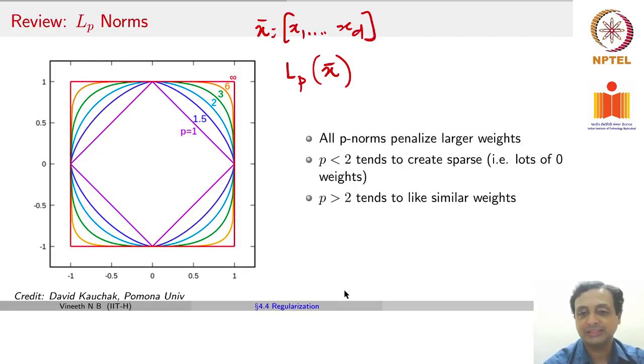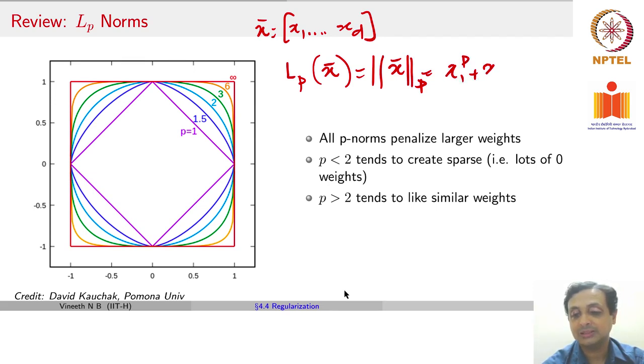LP norm of x, also denoted by ||x||_p, is given by (|x1|^p + |x2|^p + so on and so forth till |xd|^p) whole power 1 by p.